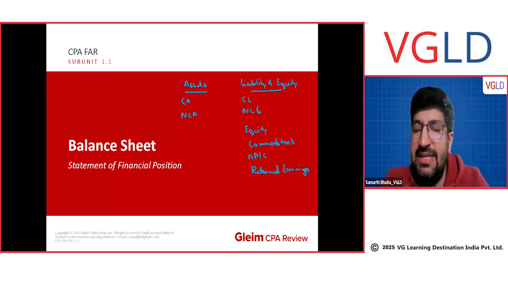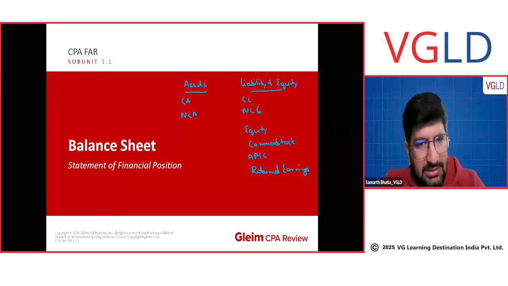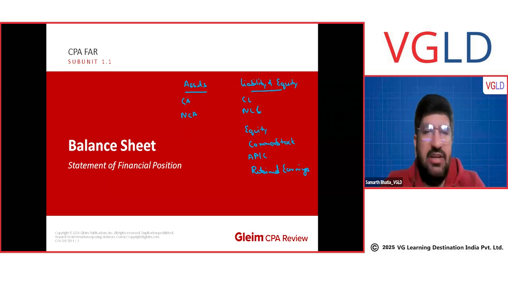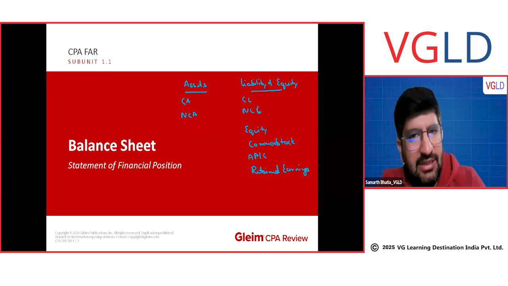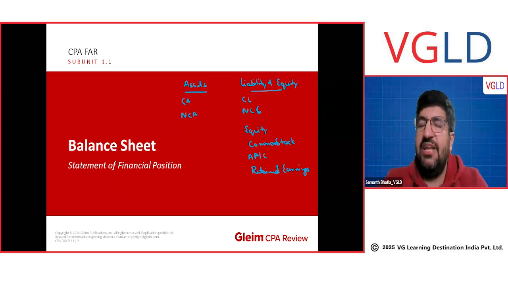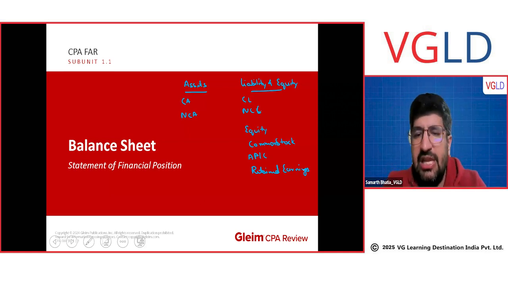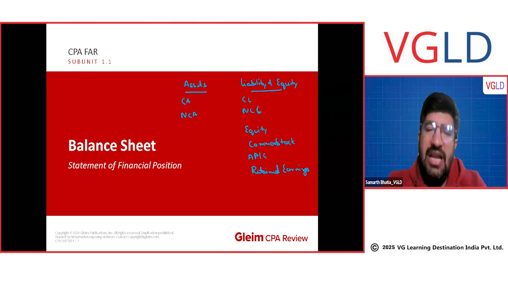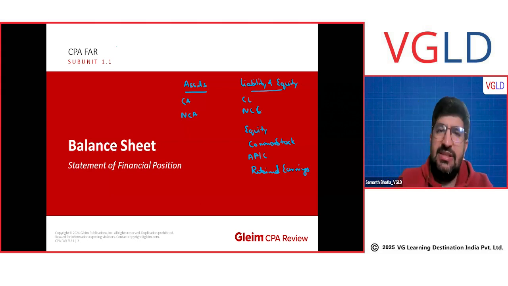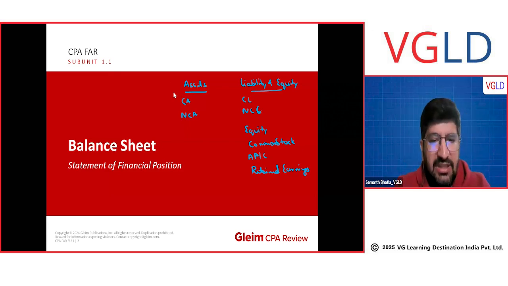So usually these are the parts of the equity side and liability side of the balance sheet. So mainly in the asset side, we have current assets and non-current assets. In the liabilities and equity side, we have current liability, non-current liability, common stock, security premium, retained earnings, accumulated other comprehensive income, a lot of things. So these are the items usually we have in the balance sheet.